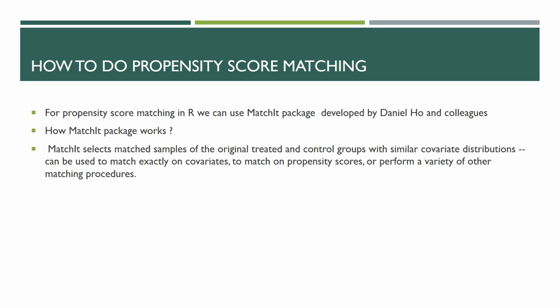It can be used to match exactly on covariates, to match on propensity scores, or perform a variety of other matching procedures. As this introduction from the authors suggests, this package has some flexibility in terms of doing matching either exactly on the covariates or matching on propensity scores or using some other method or procedure for matching.